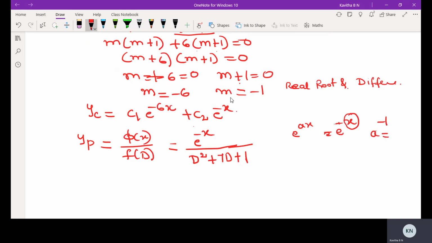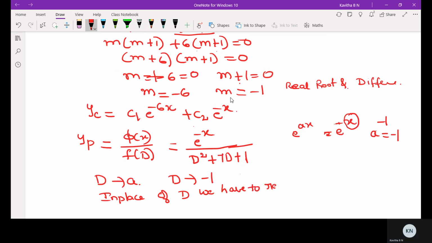So a value here is minus 1. In place of D, we have to substitute a, which means we have to replace D with minus 1.